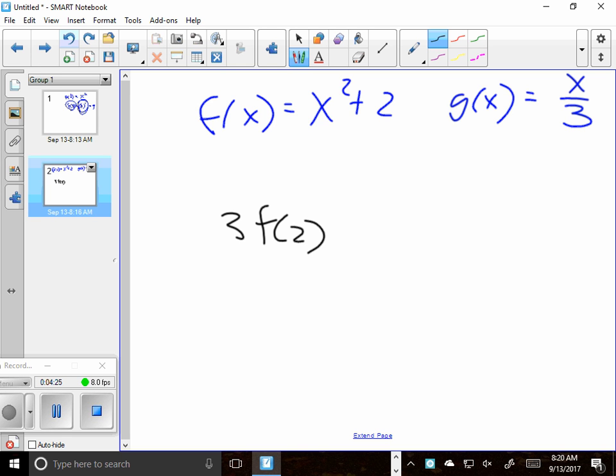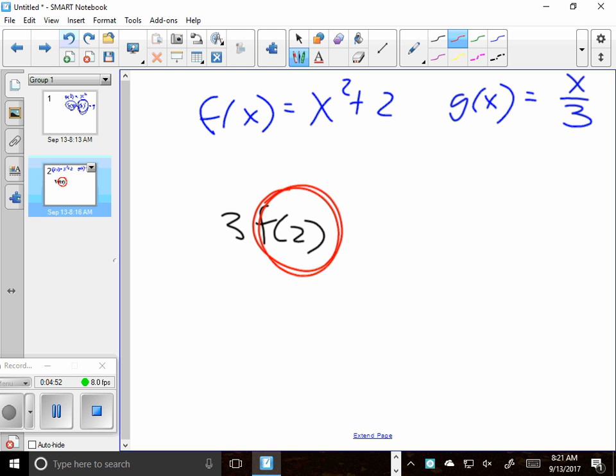And that is what a lot of people's gut says, because they're going, okay, 3f of 2 equals x squared plus 2, and they try to solve this thing for f. Nope. If I had just done f of 2, just plain f of 2, what did that come out to? We just did it 2 seconds ago. What was it? It was 6. So what do you think the answer is?